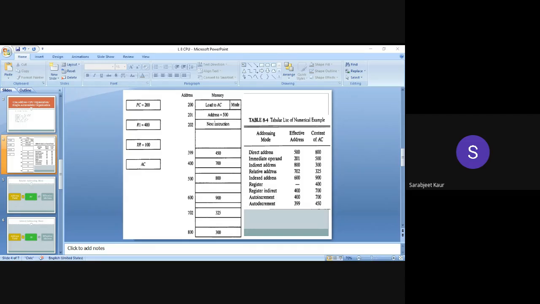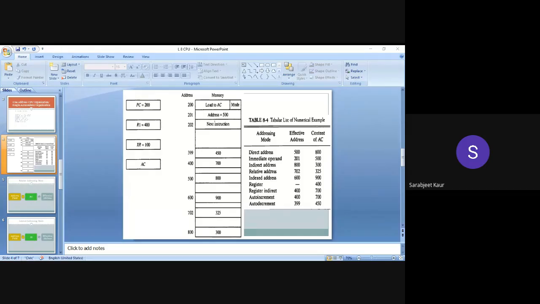Now, in the base register addressing mode, the only difference is that we use a base register instead of the index register or the program counter. In the index register addressing mode, the address field had the base address and the index was changing when we changed the IR.